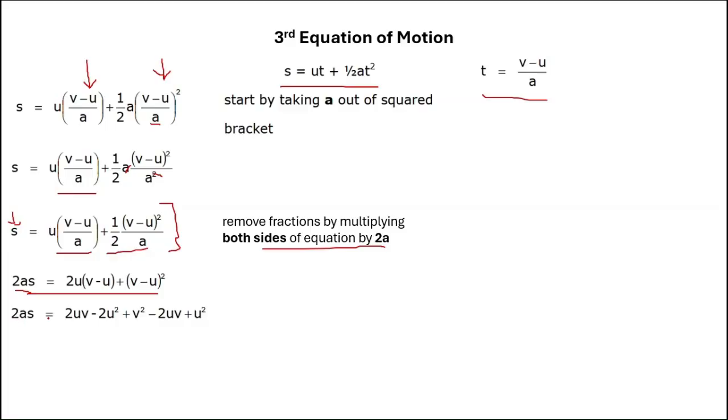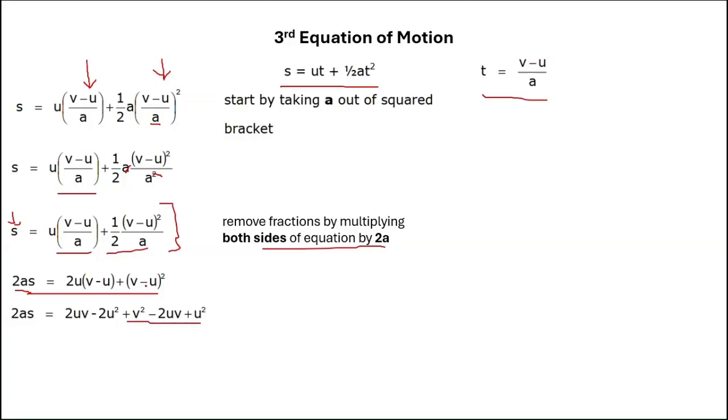So 2as is equal to 2u multiplied with the bracket, so 2uv minus 2u multiplied by u gives us 2u square, plus (v minus u) square. We use the formula (a minus b) whole square is equal to a square minus 2ab plus b square.